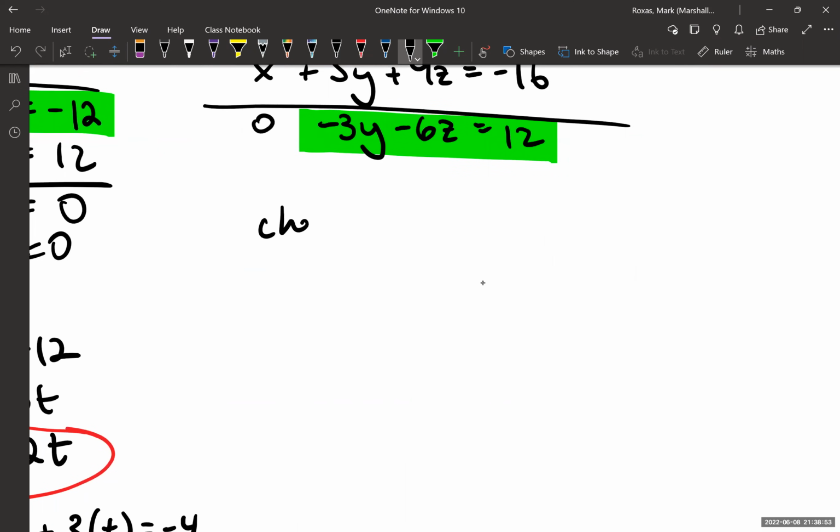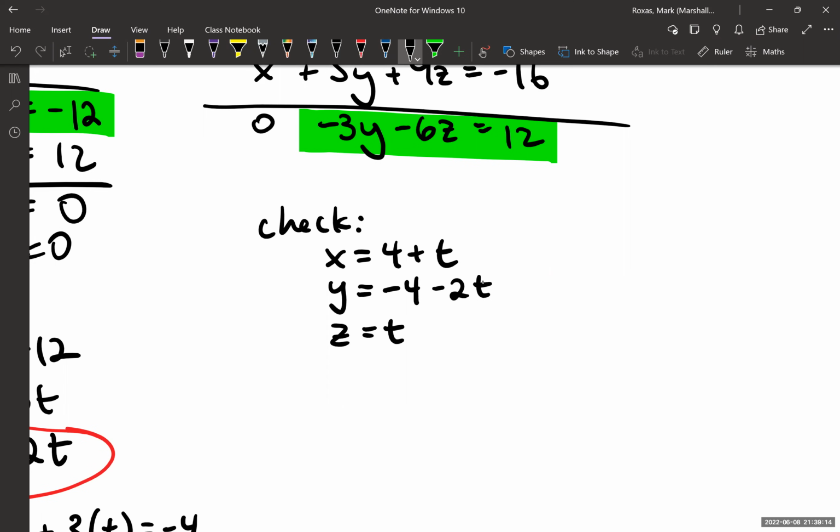So we're going to check. Here's my parametric equation: x equals 4 plus t, y equals negative 4 minus 2t, and we said z equals t. Now, there are always multiple representations of a line.